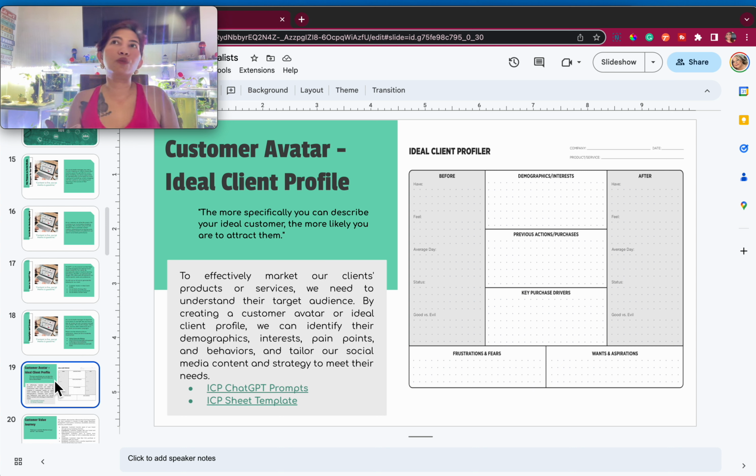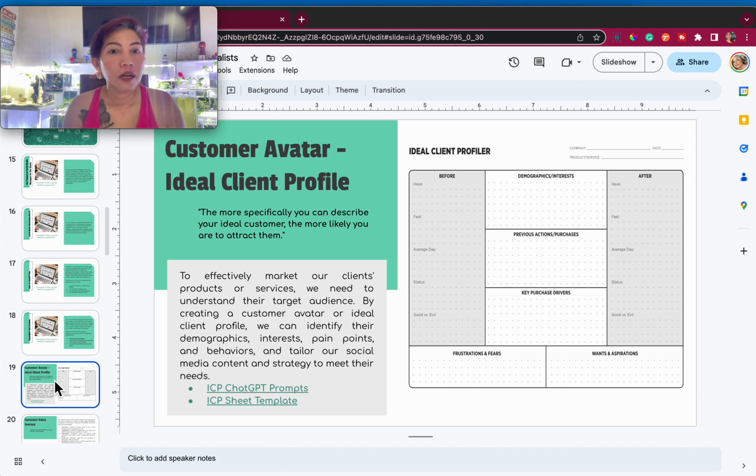Am I talking to someone in their teens? Am I talking to divorcees? Am I talking to newlyweds? Because the tone for each of those people would be different from each other. So you have to get to know who you're talking to, who is the customer avatar for that particular client you're assigned.